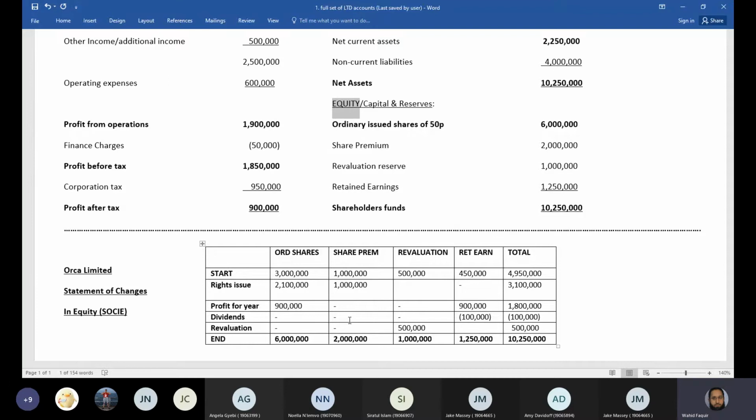Right, now I want you to be very perceptive here. Now that I've told you that this table represents the changes in equity, can you find any similarities between this and the equity section? Come on, guys.